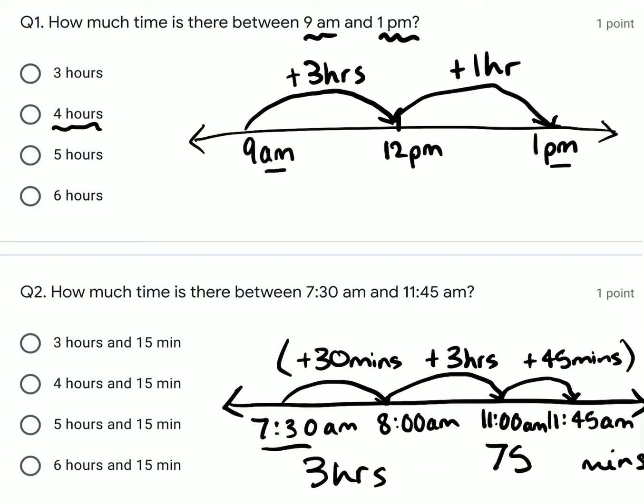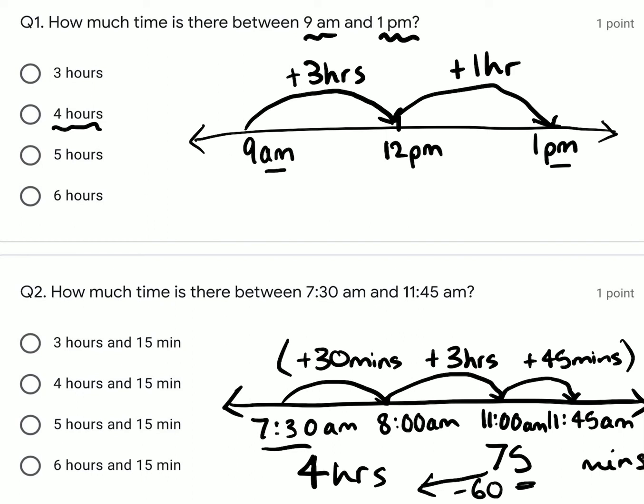So instead of writing 3 hours, 75 minutes, we can take that 60 minutes out and call it an hour. So instead of 3 hours, we're going to have 4 hours now. And we took 60 minutes away from our minutes. So how many minutes are we left with?